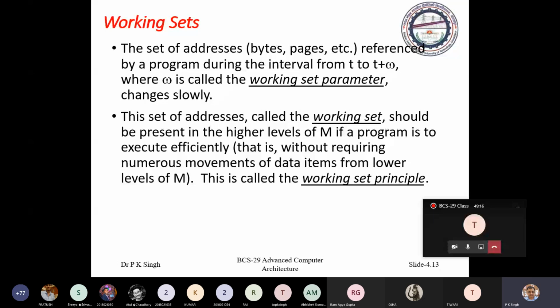We can identify the working set, meaning the processor generates addresses using spatial locality, temporal locality or sequential locality. On the basis of that, you can transfer the working set into faster memory, so that the next reference generated by the processor may be available in the faster memory.